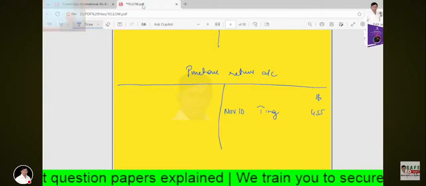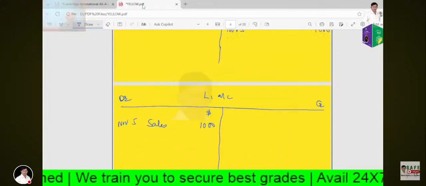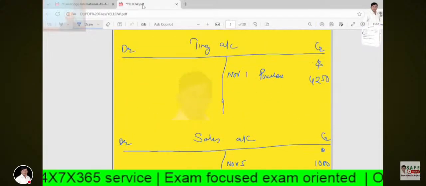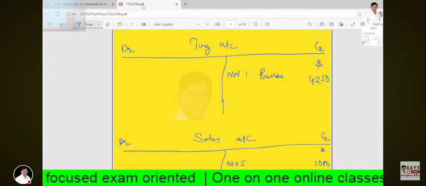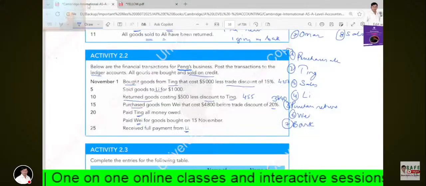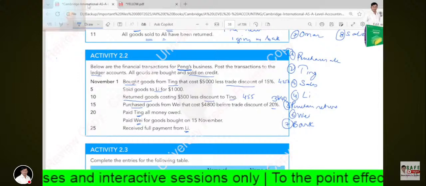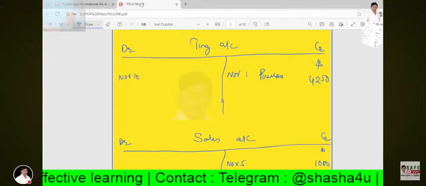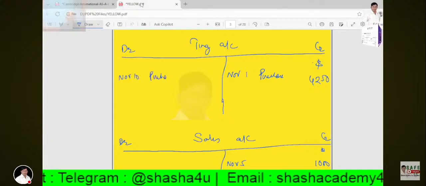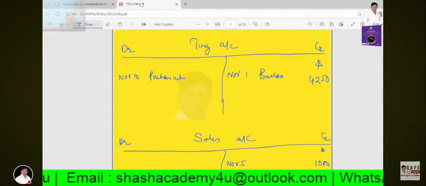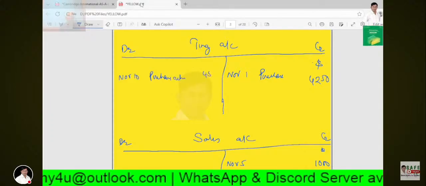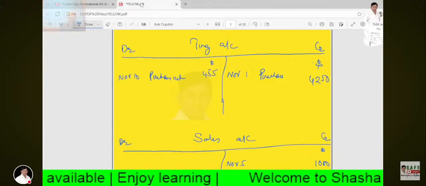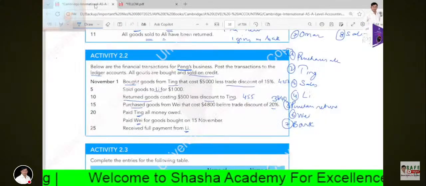Now we have credited purchase returns, so now we have to debit Tinge. So November 10, purchase returns, we have to debit Tinge 455, and always write the dollars. Don't forget.